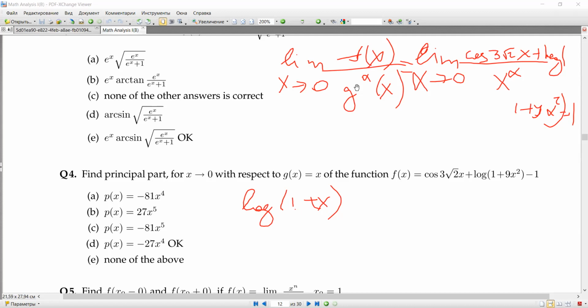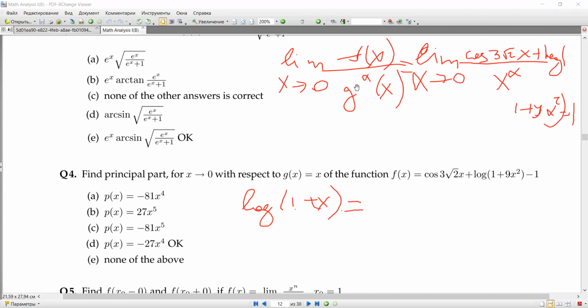With using derivatives, we can do it. So do you remember, it will be now F0. What is F0 here? In this case, F0 is log 1.